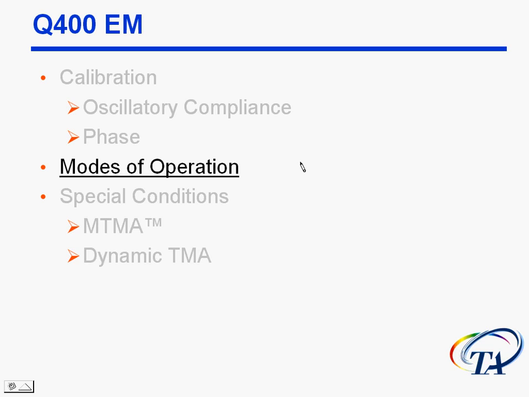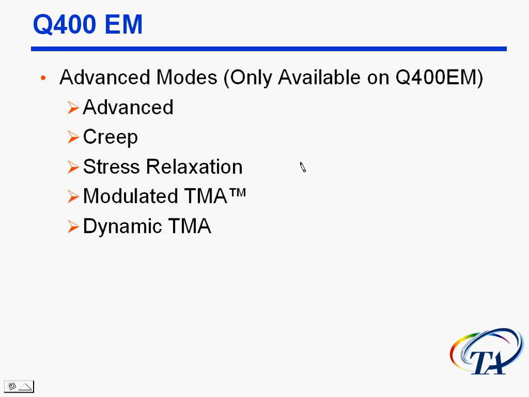Okay. Now, modes of operation. The advanced modes are available on the Q400 EM, not if you have a standard Q400. There's advanced mode, creep, stress relaxation mode. There's modulated TMA. This is where we're going to modulate the temperature. And then dynamic TMA, which is also called modulated force.